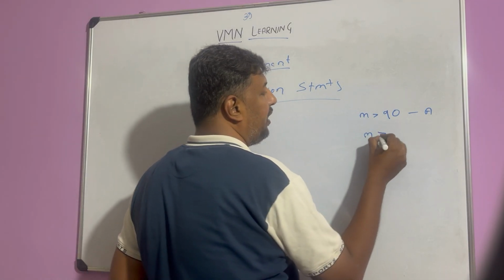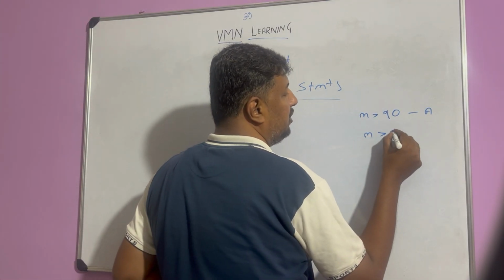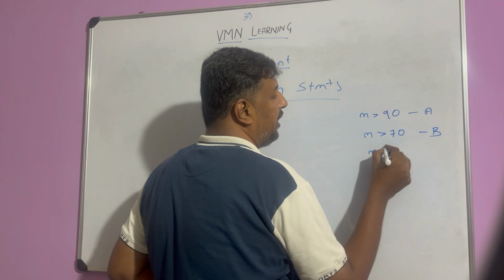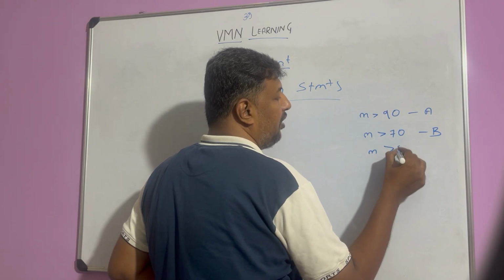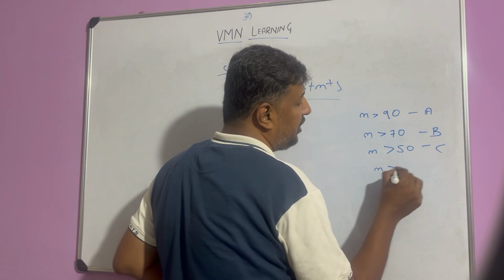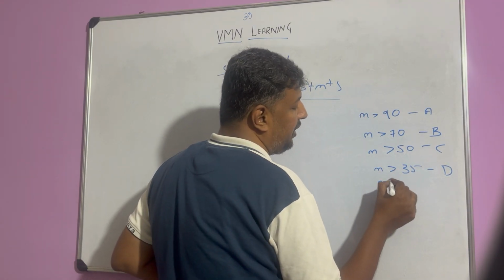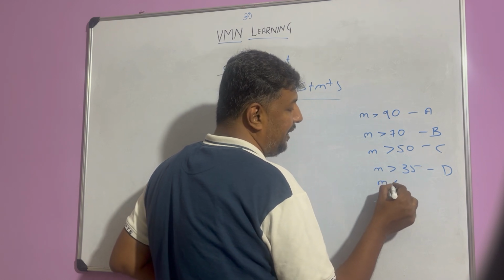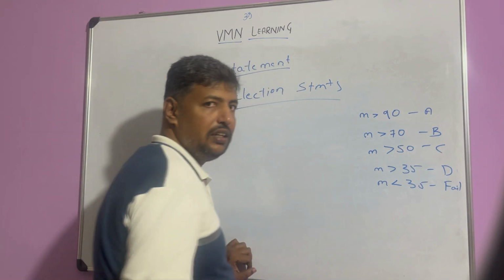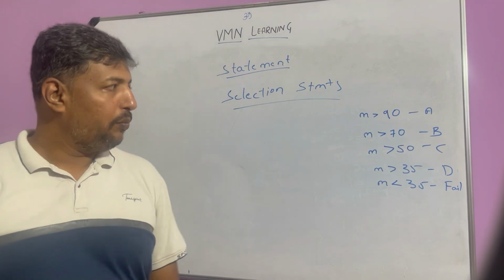If marks is greater than 70%, then it is B. Marks greater than 50%, then it is C. Marks greater than 35, it is D. Marks less than 35, then it is fail. See how I can write a program for it.